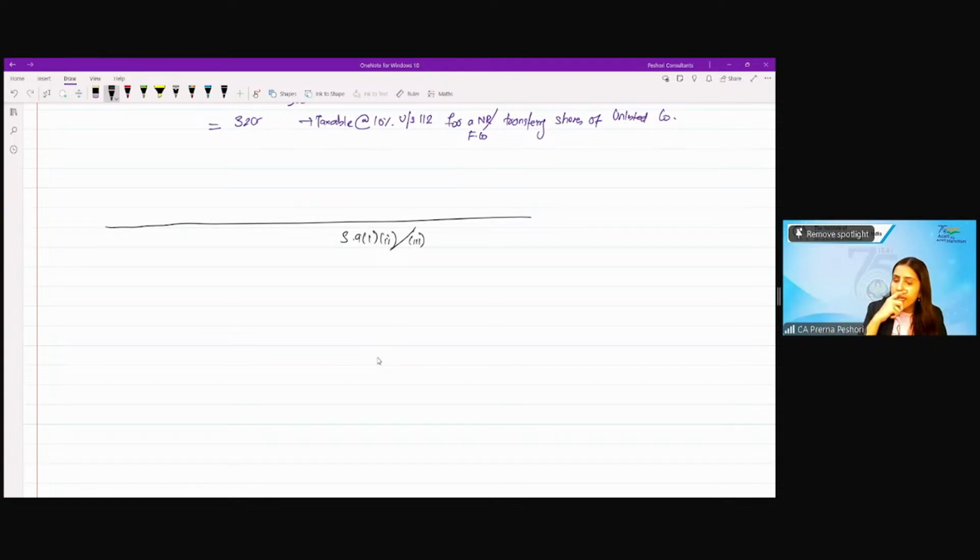So do not forget, we are talking here only about the non-resident, or RNOR. We are not talking about a resident, because for a resident, section 9 is irrelevant, as global income is taxable in India.